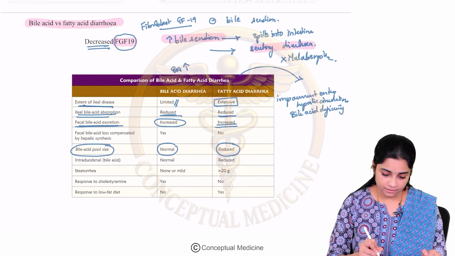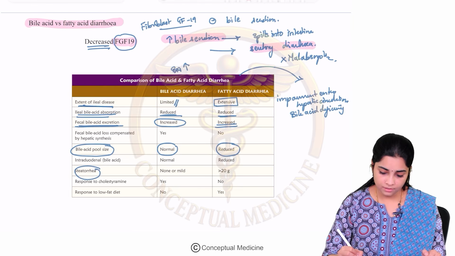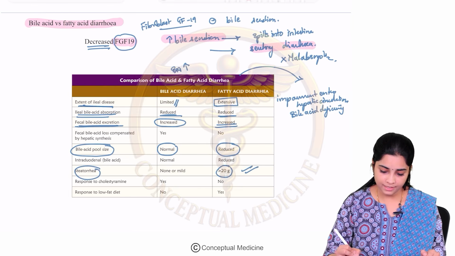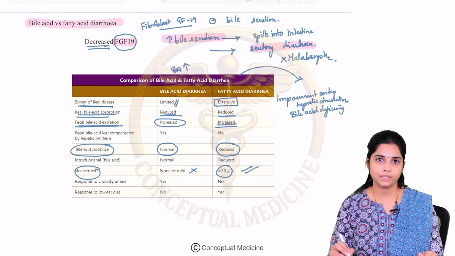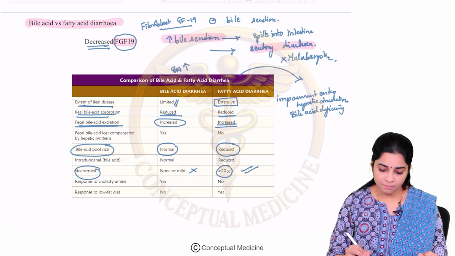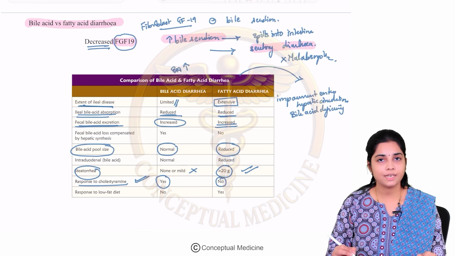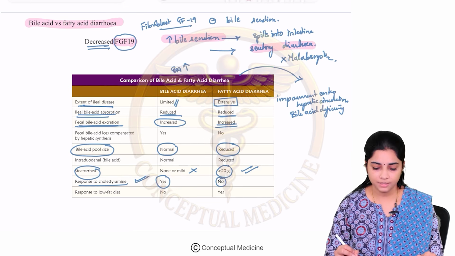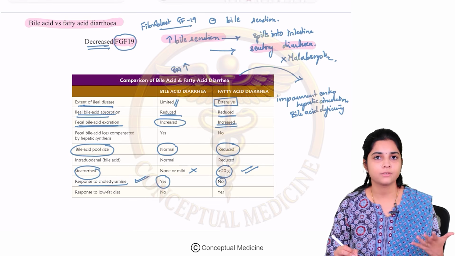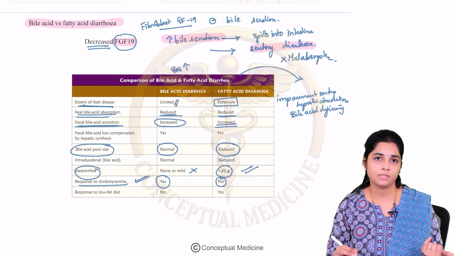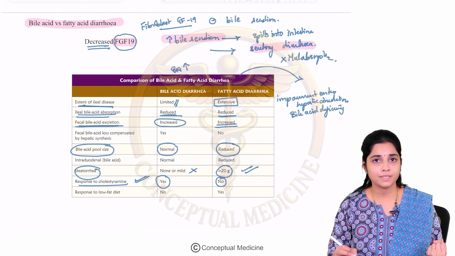Okay, and the steatorrhea is more than 20 gram in fatty acid diarrhea. There is no steatorrhea in bile acid diarrhea. So bile acid diarrhea will respond to cholestyramine, but fatty acid diarrhea will not respond. Cholestyramine is a bile acid sequestrant, right? So here there is excess of bile spilling over into the intestine. If you give cholestyramine, it sequesters the bile acid.